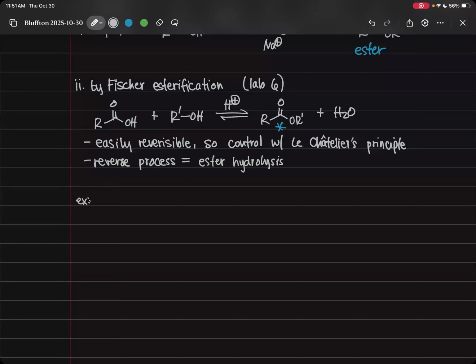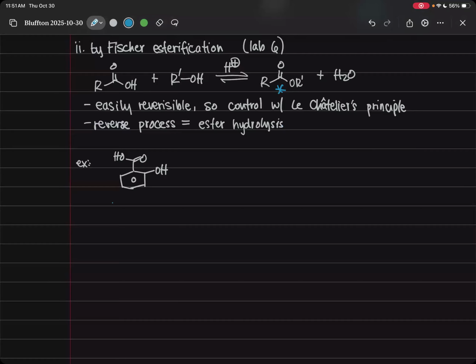What example shall we use? Oh, maybe the lab example. So there's salicylic acid.